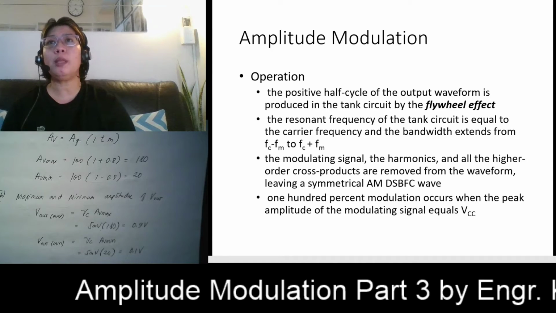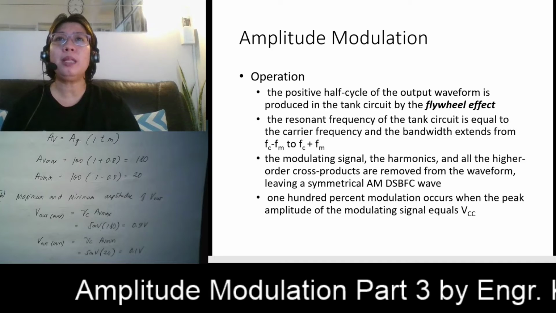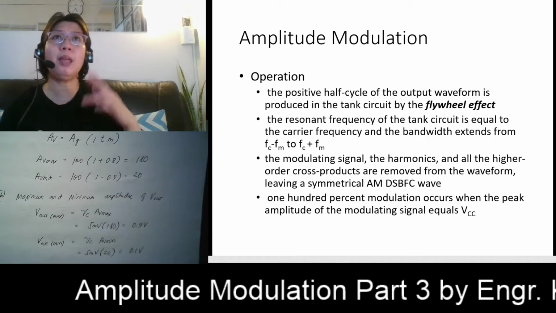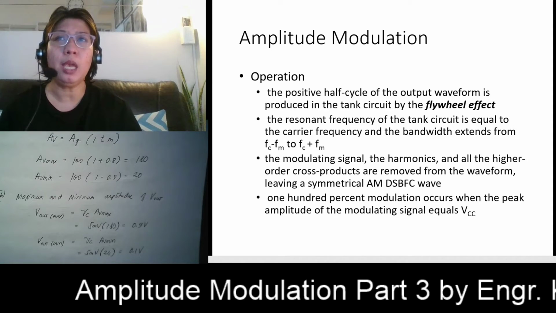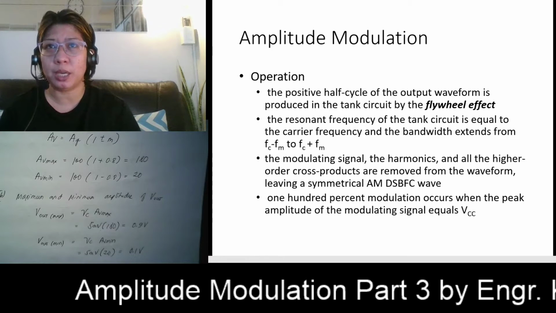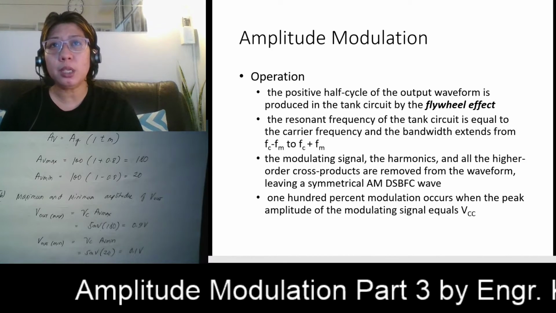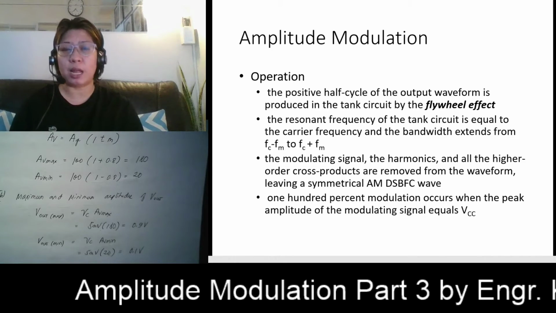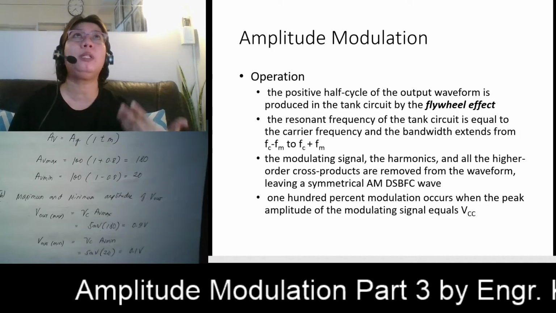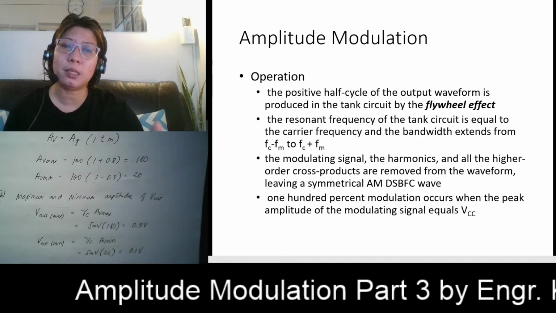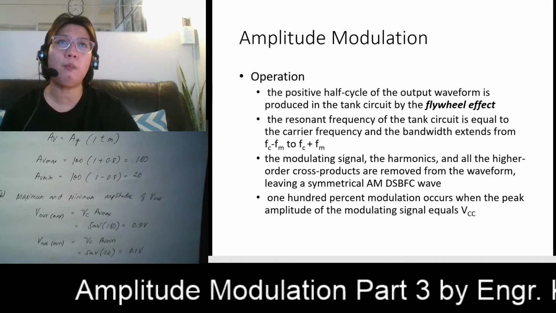But when Q1 is off, C1 starts to discharge through L1 in the opposite polarity. So when L1 discharges, C1 charges to a minimum value equivalent to negative 2 VCC. Actually, the amplitude is the same, but since it is a reverse polarity, it becomes negative 2 VCC.